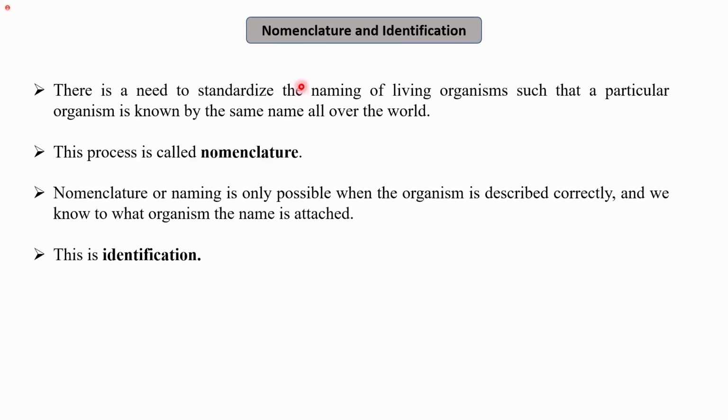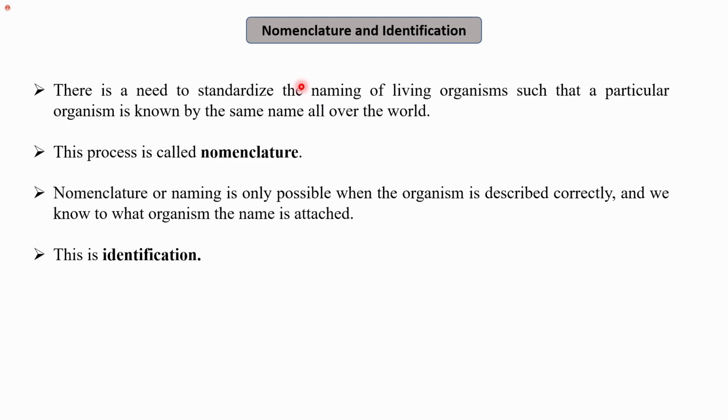So now since we have so many living organisms present, it is very important to name them, right? For example, even in our house, if we have 5 members, we call them by different names. So it is really important to name them.